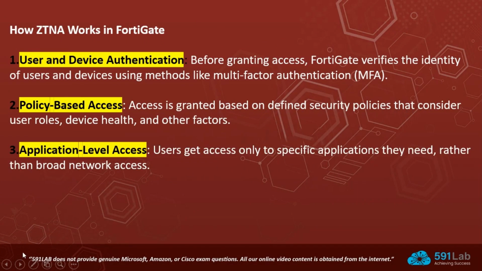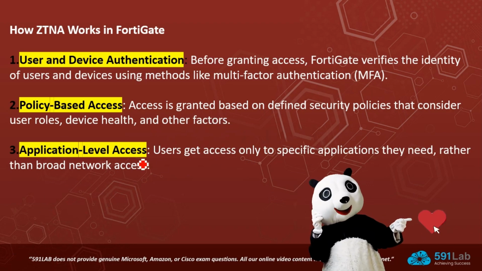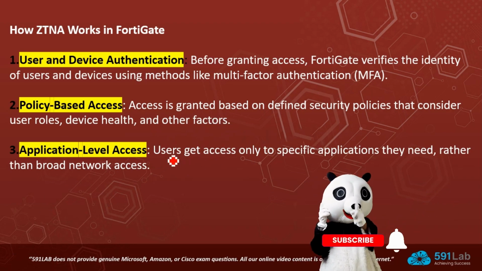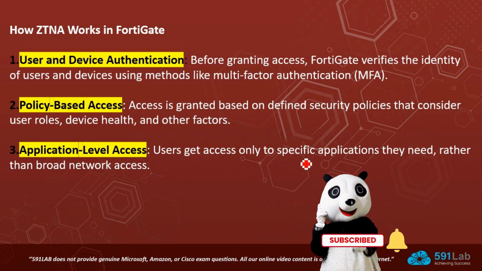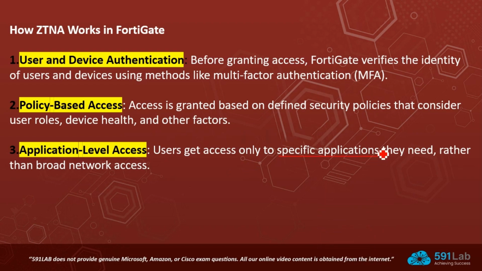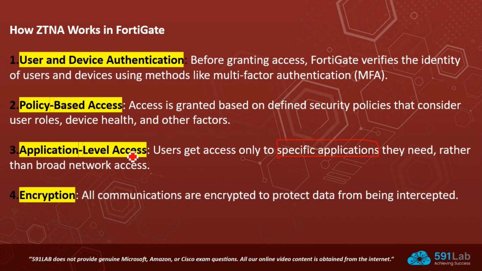Access is granted based on the defined security policies that consider user role, device health and other factors. For application-level access, users get access only to the specific applications they need rather than broad network access. And the communications are encrypted to protect the data being transmitted.